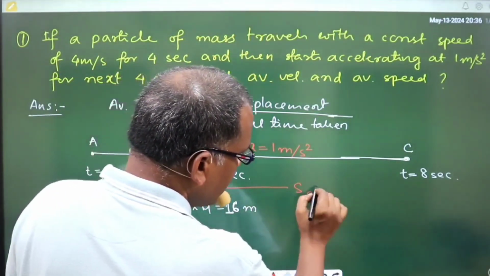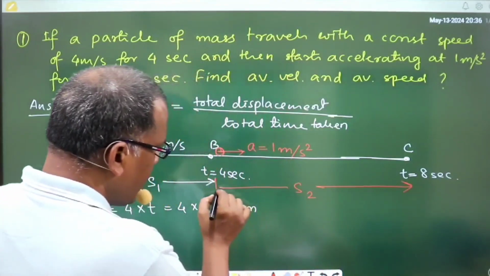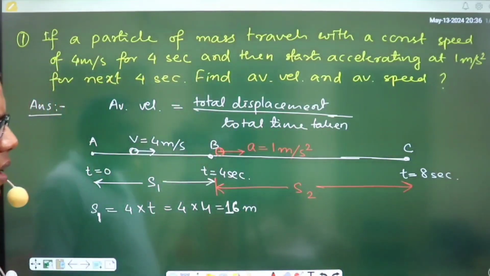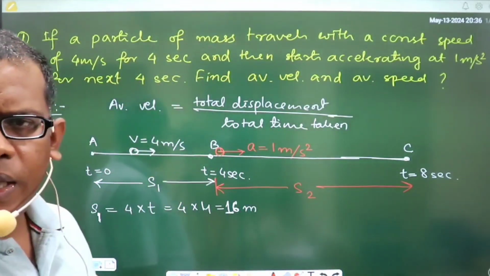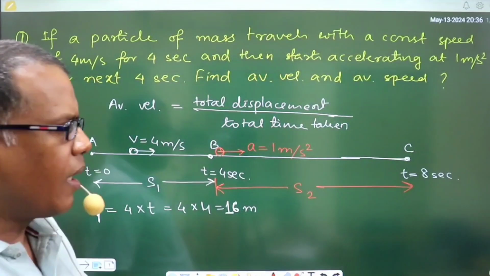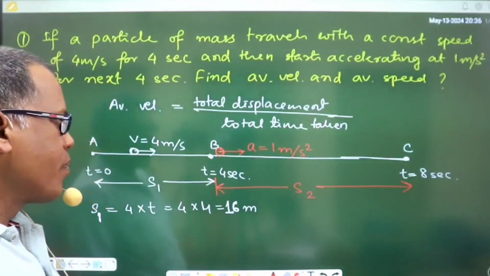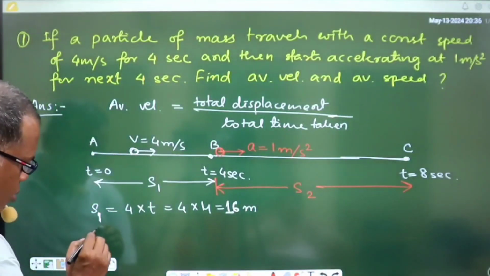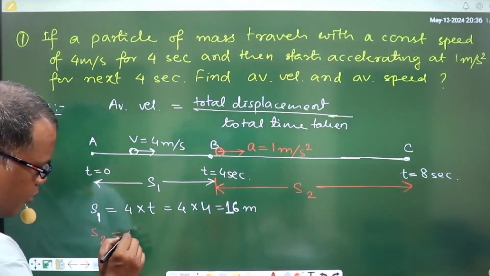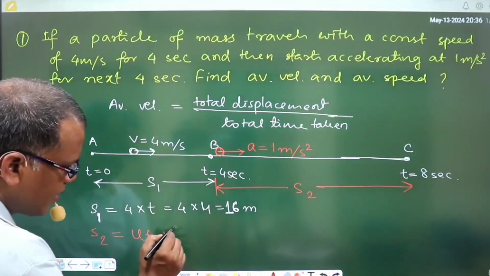S2 is the journey that begins from B and ends at C, so S2 will be calculated using the formula ut plus half at square.